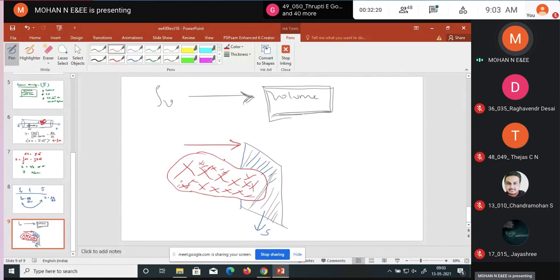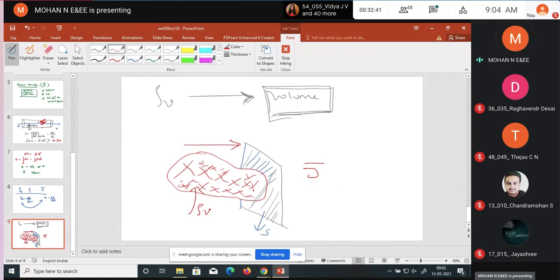I'm interested in finding the movement of these charged particles through this cross-sectional area, such that I can get the current density.